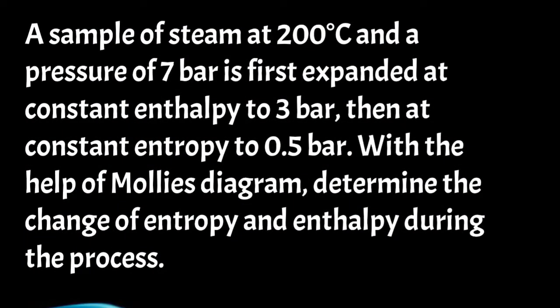Question is: a sample of steam at 200 degrees Celsius and a pressure of 7 bar is first expanded at constant enthalpy to 3 bar and then at constant entropy to 0.5 bar. With the help of the Mollier diagram, determine the change in entropy and enthalpy during the processes. So this was the given question.